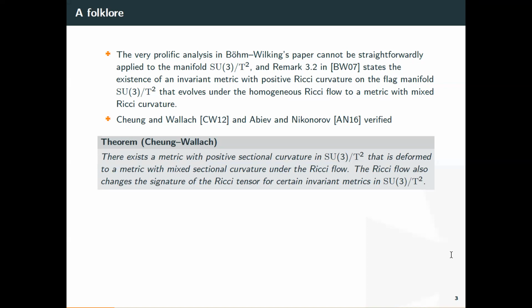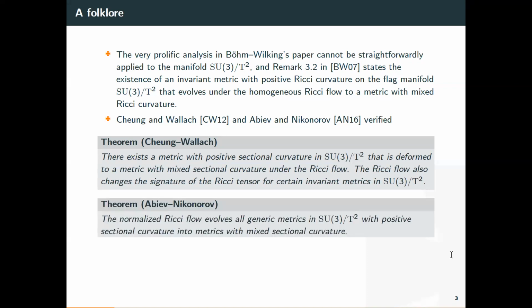So this is an answer in the direction that positive Ricci curvature should not be maintained either. And this result due to Abiev and Nikonov shows that, generically, if we start with a metric with positive sectional curvature on this Wallach manifold, it will lose this property under the Ricci flow.